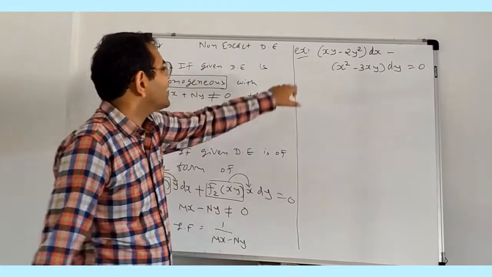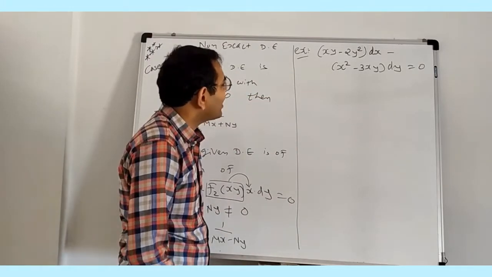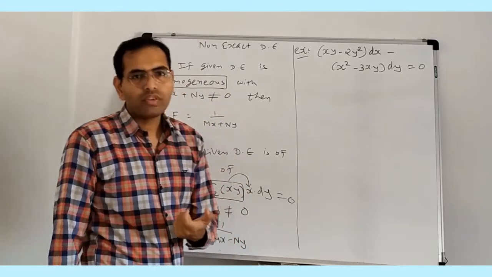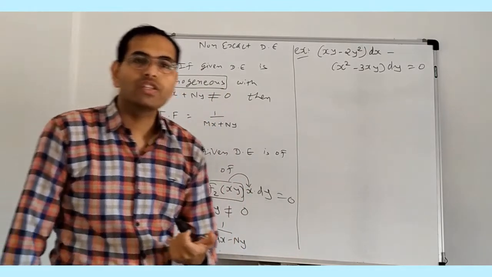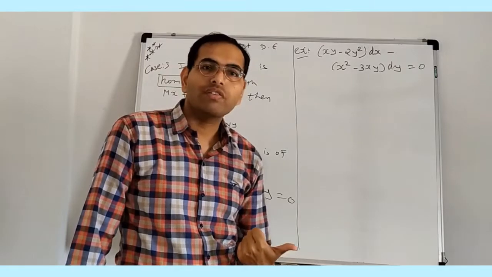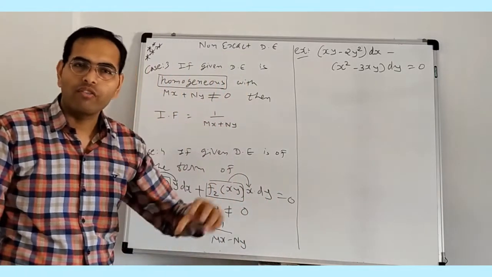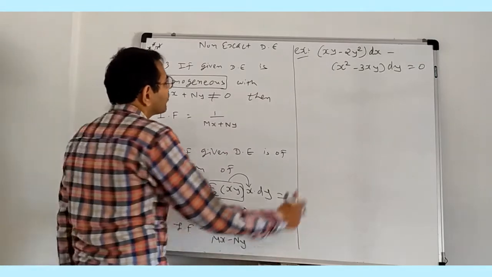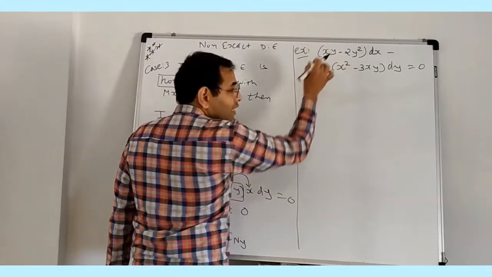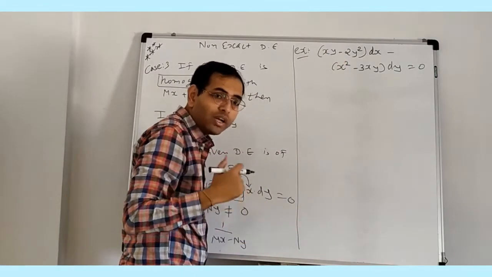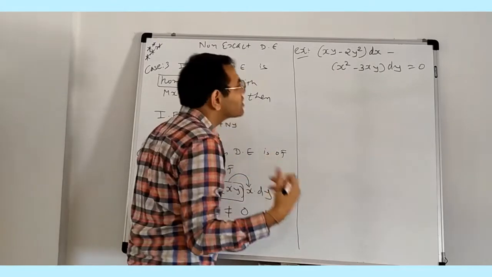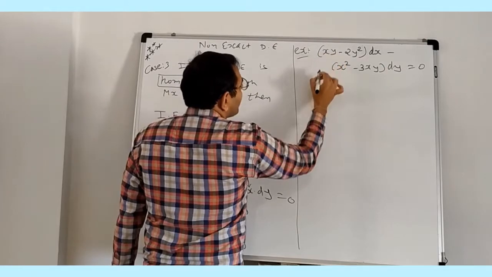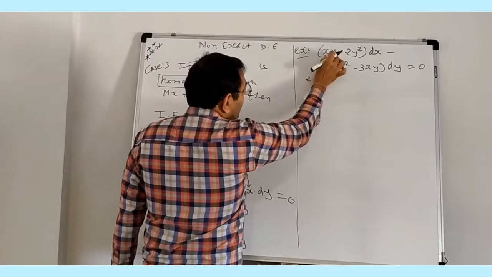The example is (xy minus 2y square) dx minus (x square minus 3xy) dy equal to 0. First we check whether the given differential equation is homogeneous or not, as we learned in the last lecture. In the first term, x and y both have power 1, so the total count of variables is 2.